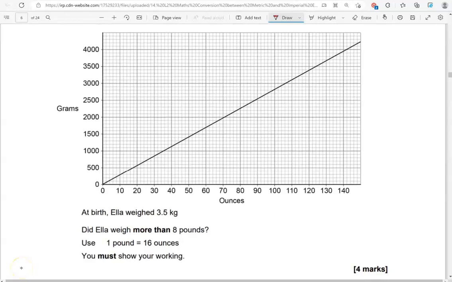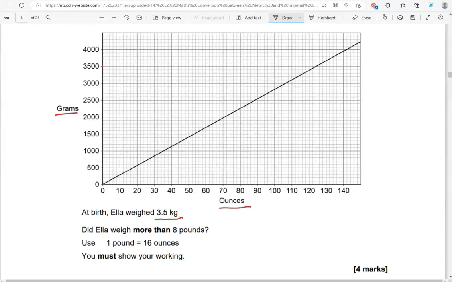So we've got grams and ounces, and we've got the weight being given in kilograms. So 3.5 kilograms. That is 3,500 grams, because there are 1,000 grams in a kilogram, as you know. So 3,500, that is this point here.